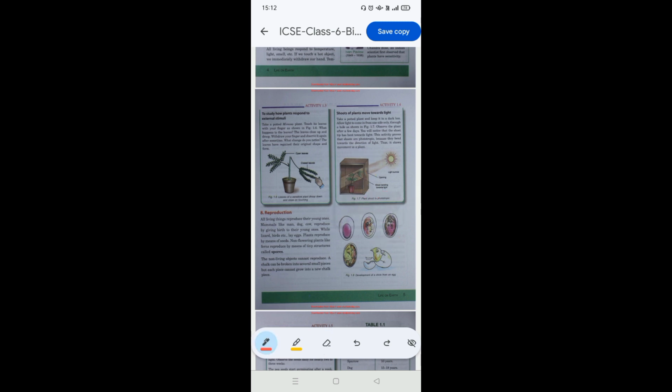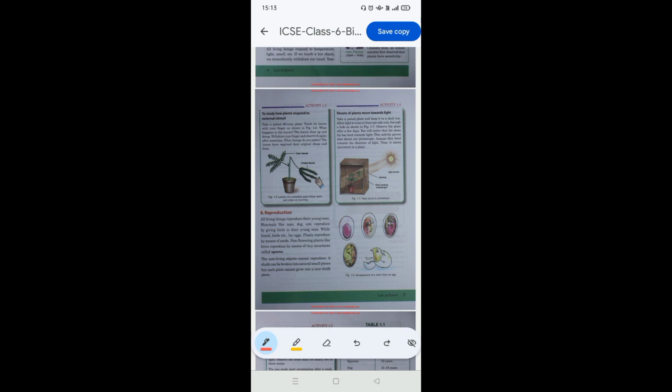So we can definitely say that non living things or non living objects cannot reproduce. In case of reproduction, a change takes place. We human beings reproduce and give rise to new human individuals.